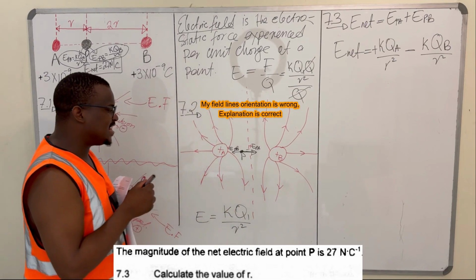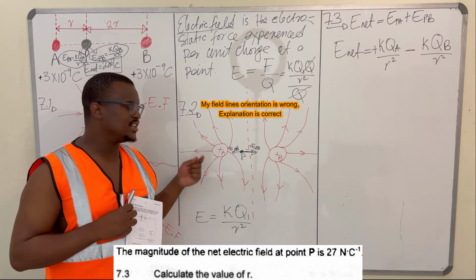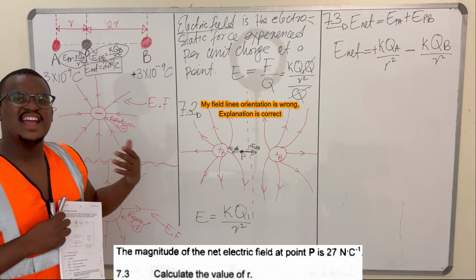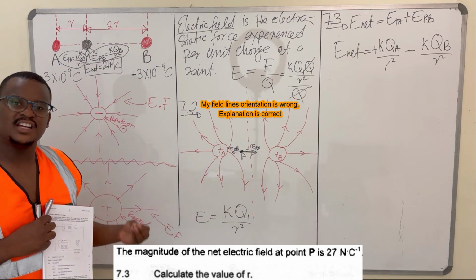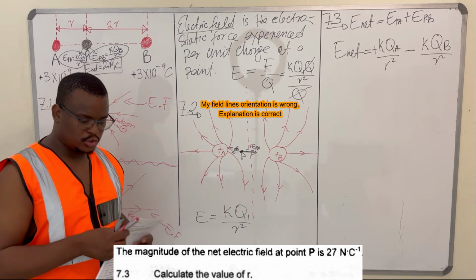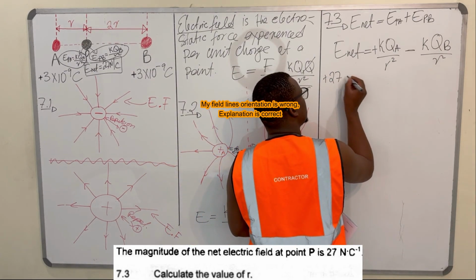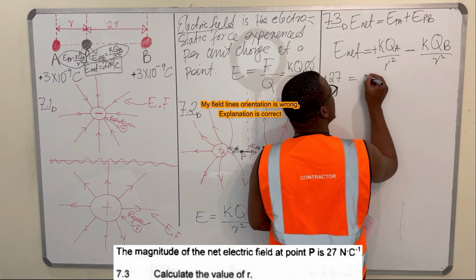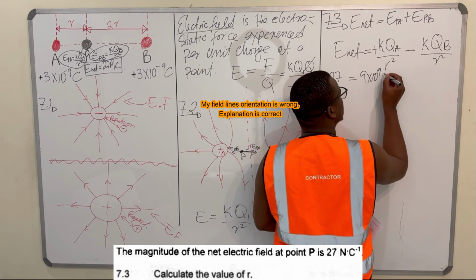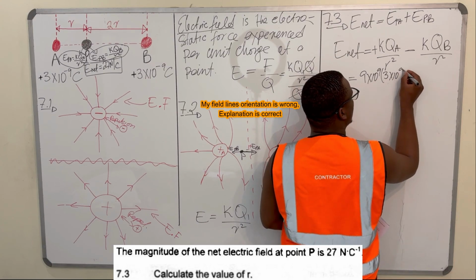And because I think the net electric field is to the right, since charge A is dominating B, the net will also be positive. So what I will have is positive 27 newtons per coulomb is equal to k, which is 9 times 10 to the 9, times the charge of A, which is 3 times 10 to the power minus 9.